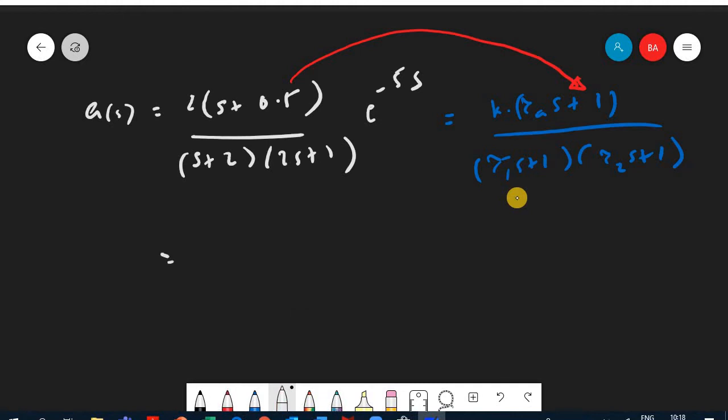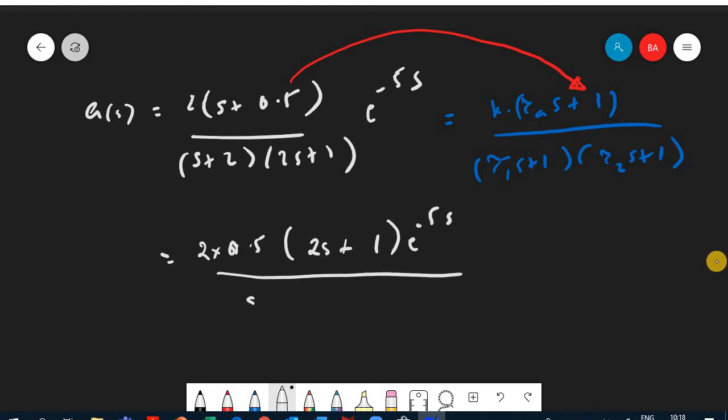Taking 0.5 as a common factor, it will be 2 multiplied by 0.5, because 2 times 0.5 is 1, so that's correct. So (s + 1) times e^(-5s), divided by (s + 2)(2s + 1).